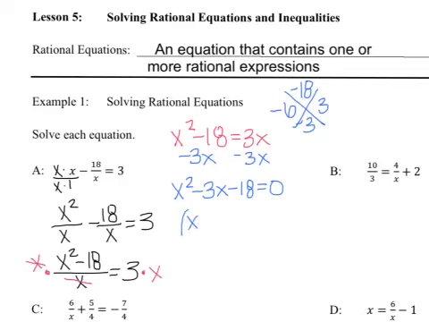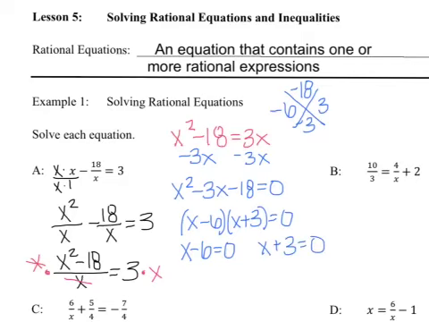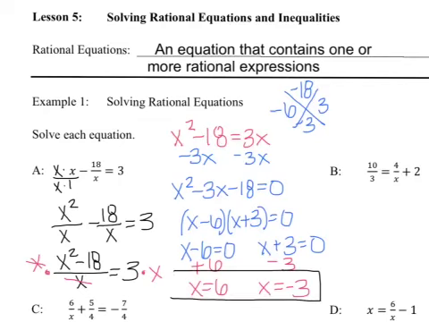So we got an x minus 6 and an x plus 3 equals 0. So take each piece and set them equal to 0 and solve. So x minus 6 equals 0. x plus 3 equals 0. We add 6 to both sides, so x equals 6. Subtract 3, so x equals negative 3. Those would be your two answers.